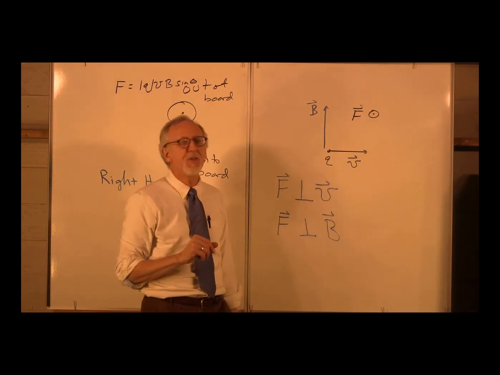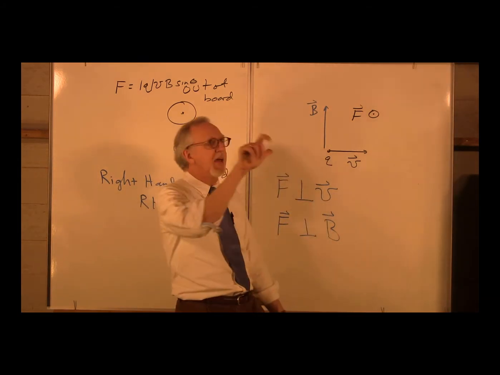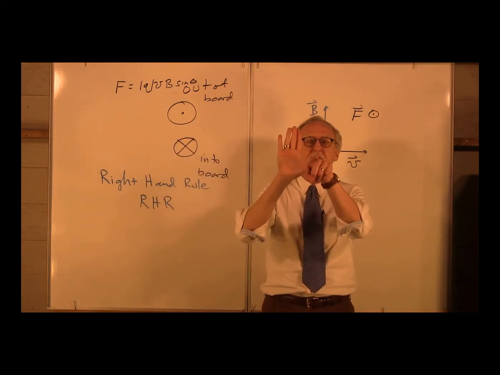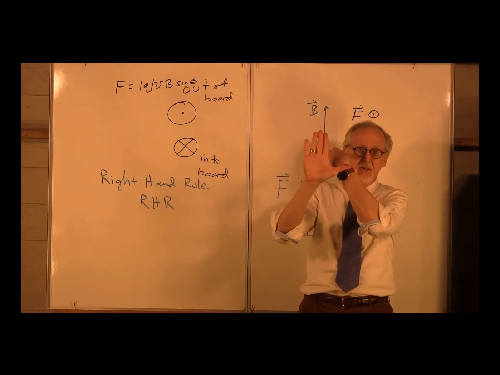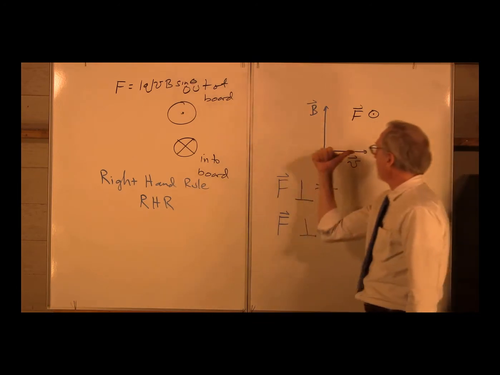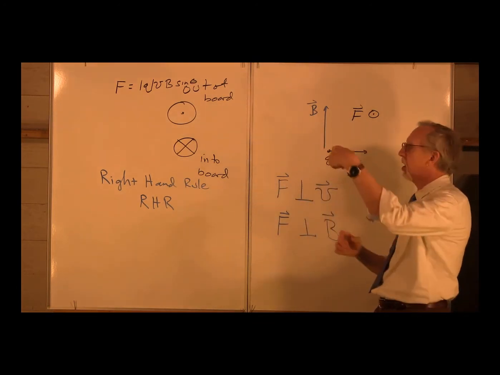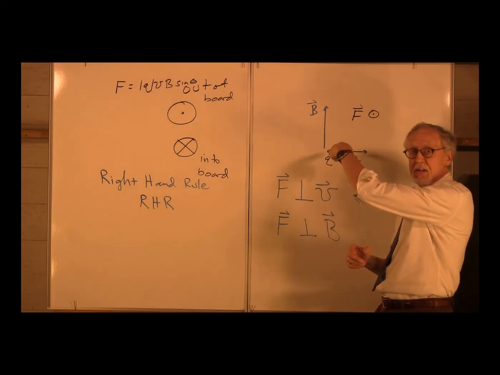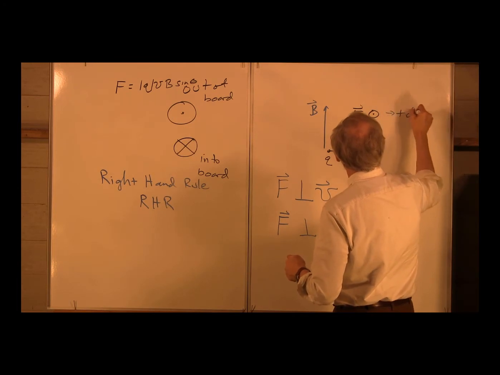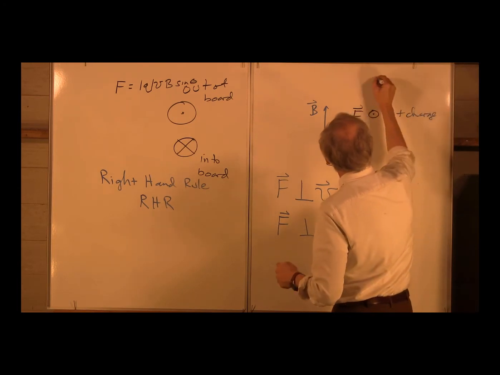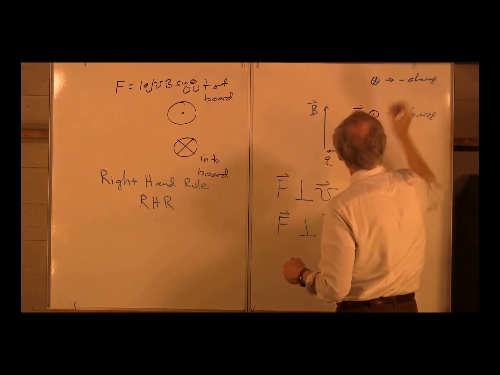You can use the right-hand rule, figure out the direction that would be acting on a positive charge, and then reverse it. So, right-hand rule, V, B, push out, but if it's a negative charge, the force would actually be in. So this would be for a positive charge, and then it would be into the board for a negative charge.